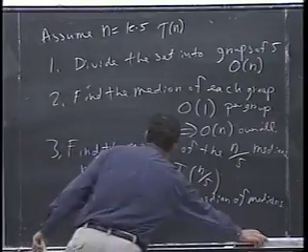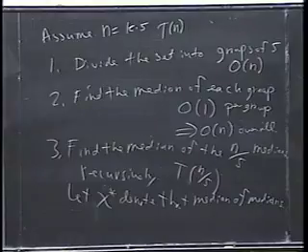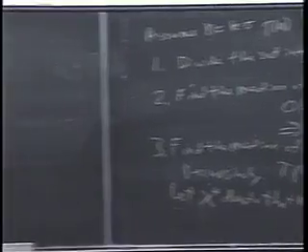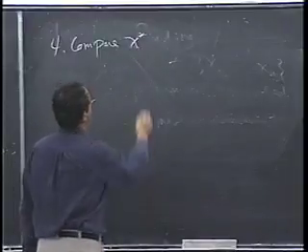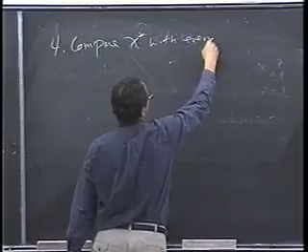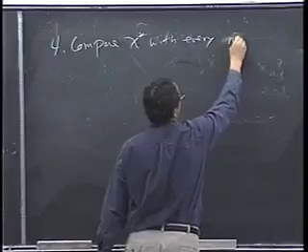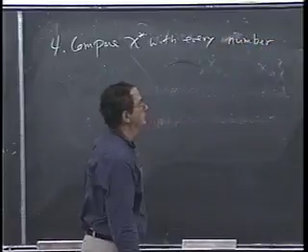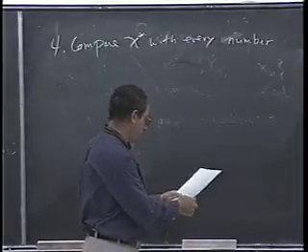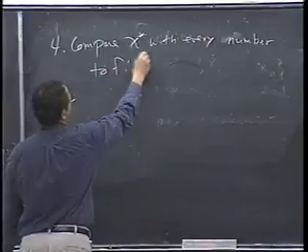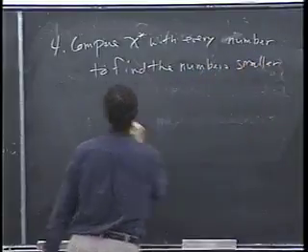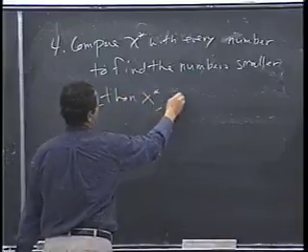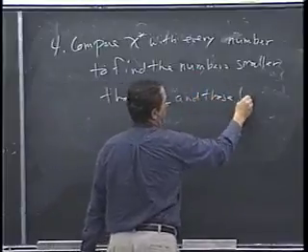Step 4: now we compare x star with every element, or every number, to find the numbers smaller than x star, and those larger than x star.